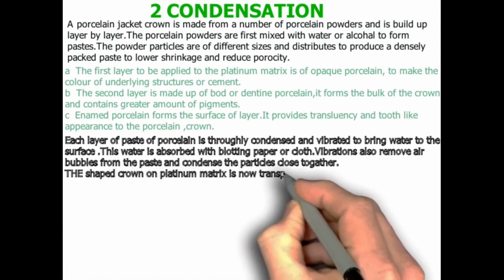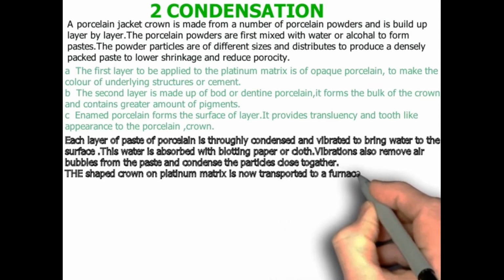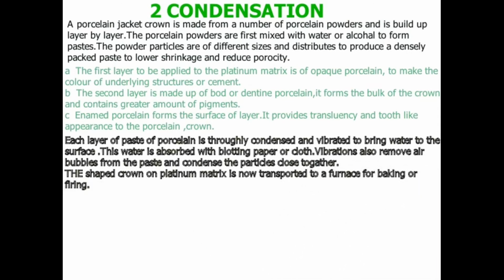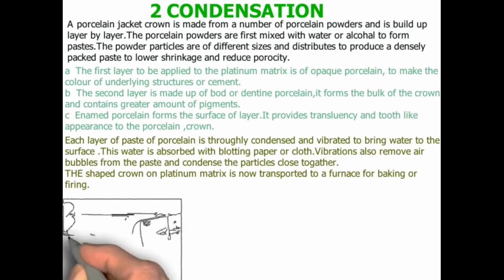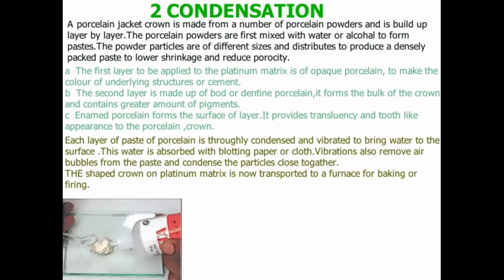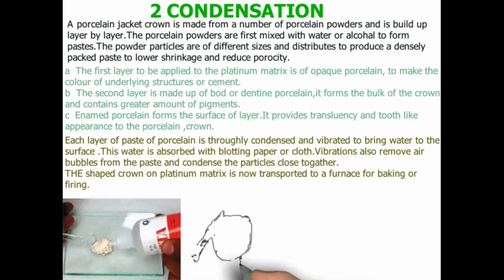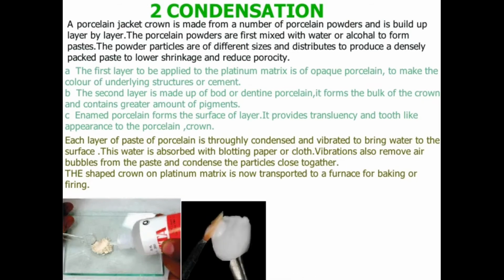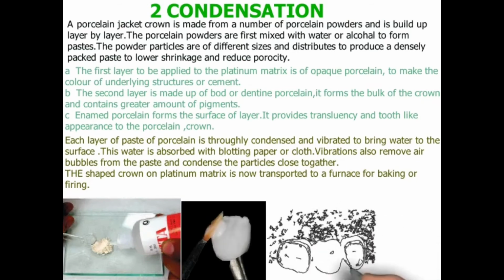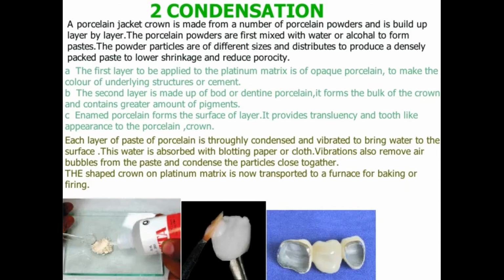The shaped crown on platinum matrix is now transported to a furnace for baking or firing. Viewers, below the picture you can see the method of mixing porcelain with water or alcohol.